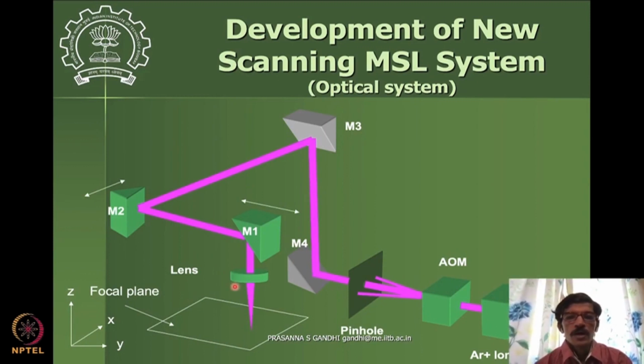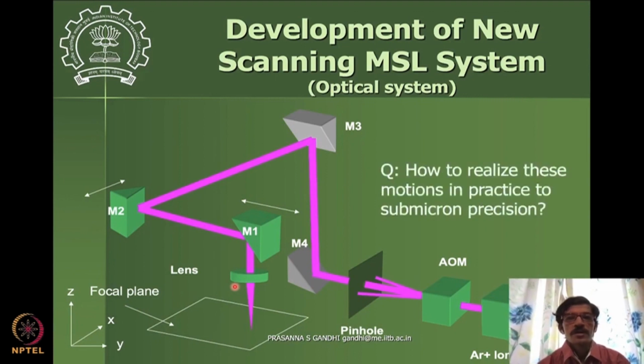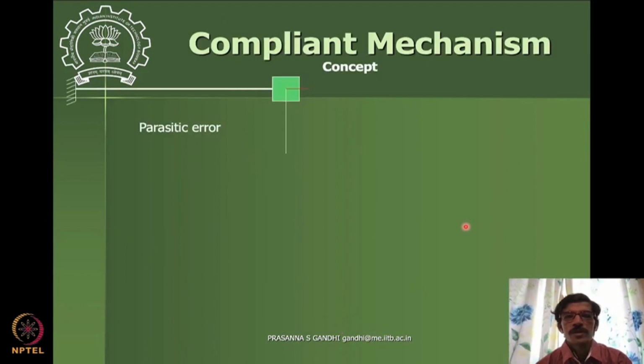Now to get this with submicron precision, that's what I was talking about, we need some kind of compliant mechanism design that we saw. You remember this concept we talked about. You want to move this block by using a compliant mechanism. You start off with a simple scale or cantilever beam which is fixed at one end, and you give it a deformation. The beam moves in the vertical direction, but there are parasitic errors, such as a tilt.